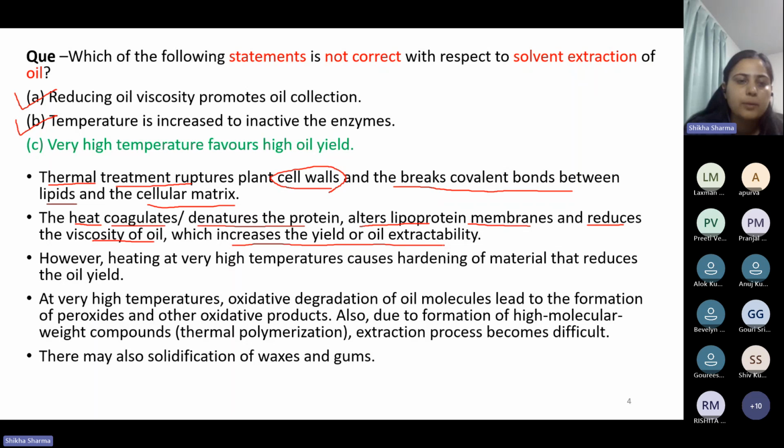So what is happening when we are increasing the temperature? The plant cell wall gets ruptured, and the lipid which is bound with the cellular wall or the plant matrix, the covalent bond, because of the high temperature it breaks, and the lipid which is our oil gets easily extracted out.